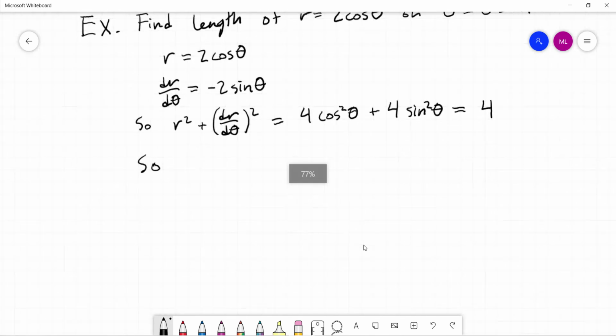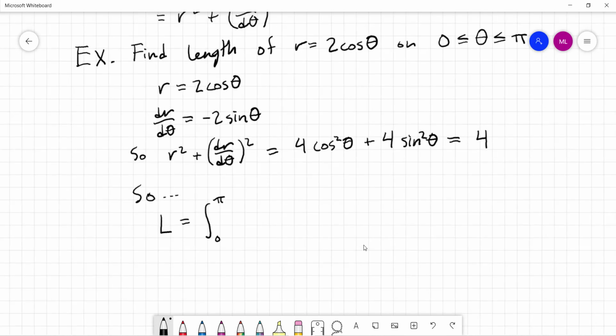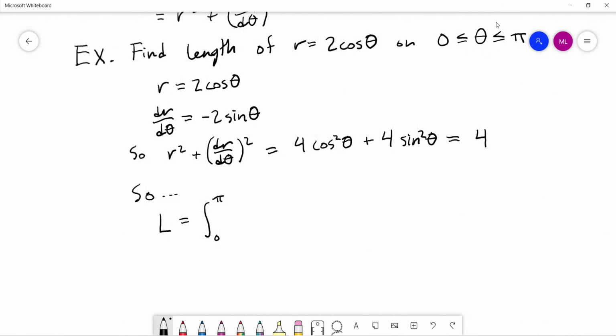So for us, the L is going to be the integral from 0 to pi. That was our starting and stopping angles, according to up here. And it's the square root of r squared plus dr d theta squared d theta.